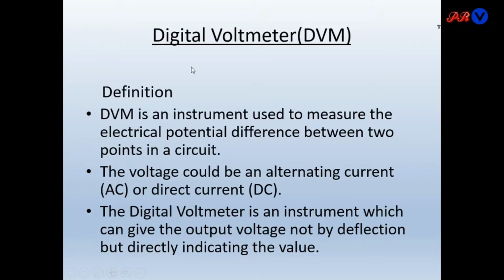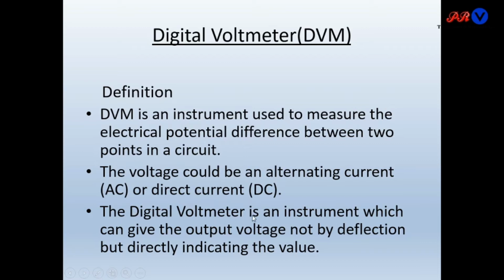Digital voltmeter. So what is a digital voltmeter? Definition: a digital voltmeter is an instrument used to measure the electrical potential difference between 2 points in a circuit. It is also used for measurement of the potential difference or voltage in a circuit. The voltage could be AC voltage or direct voltage.